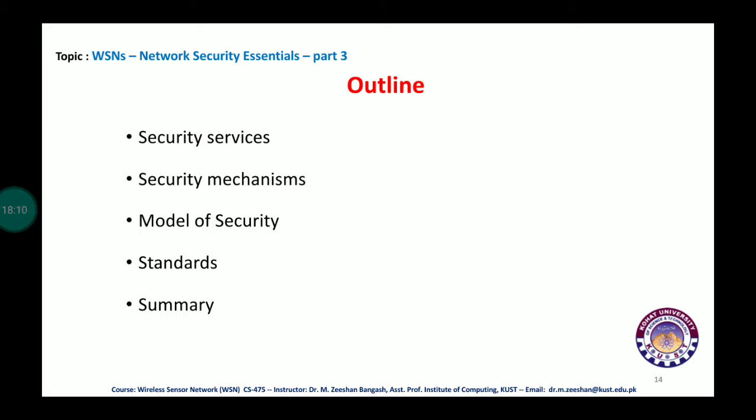Similarly, we discussed access control, which is to limit and control access to host systems and applications, and we discussed confidentiality, which is basically the protection of the data to be transmitted. We talked about integrity, which is again one of the security services that assures that the messages are received as they were sent, with no duplication, modification, replay or loss.